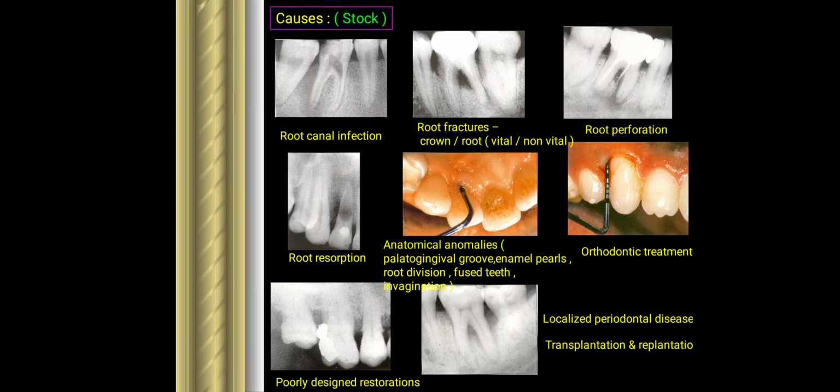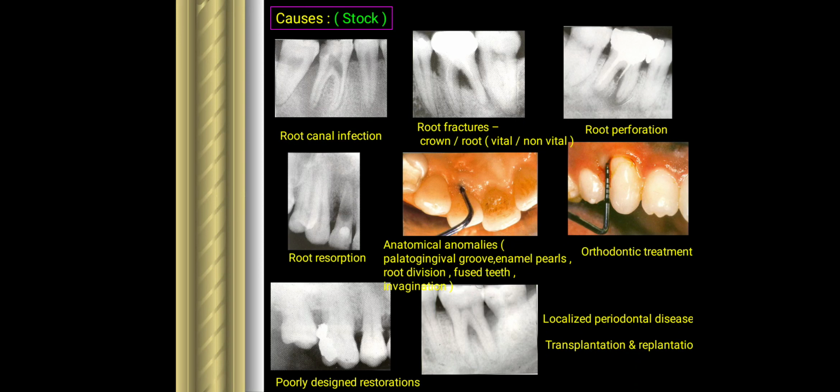Anatomical anomalies of the tooth, for example palatogingival groove, enamel pearls, root division, fused teeth, and invagination. Orthodontic treatment: in some orthodontic treatment, pocket formation will be created due to orthodontic tooth movement, which will lead to plaque accumulation and food accumulation there, and that will lead to periodontal infection.